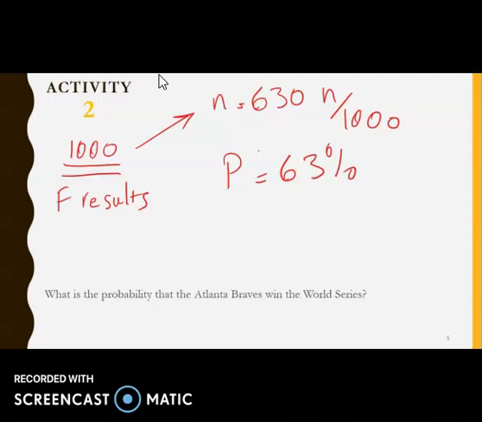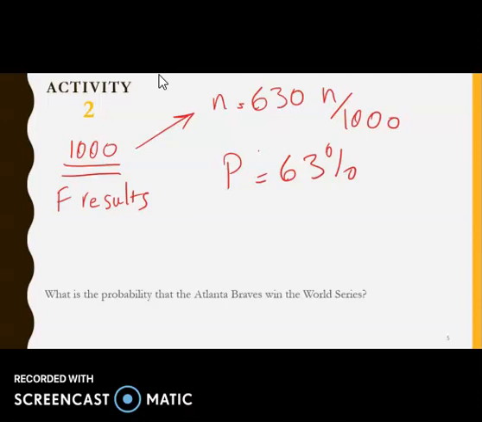So what are we supposed to do now? Now we need to get the analysis out of the 7 individual runs of games that we had to decide if Atlanta won the game or the Twins. Okay, so let's go to the Excel file. Again, we need to calculate the probability of the Atlanta Braves winning the World Series.